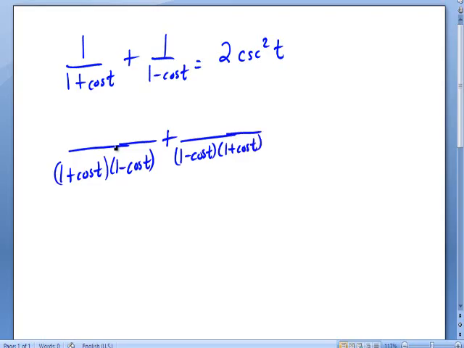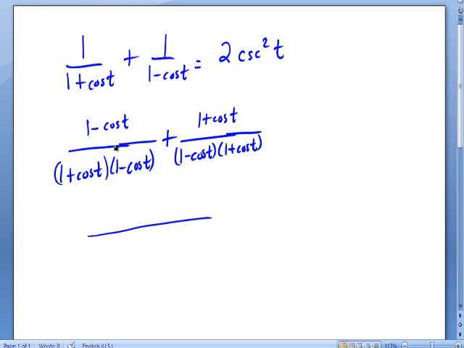In order to get this to work, I need to multiply this first equation by 1 minus the cosine of t over 1 minus the cosine of t, and I need to multiply the second term by 1 plus the cosine of t over 1 plus the cosine of t. Then I'll start putting these together.